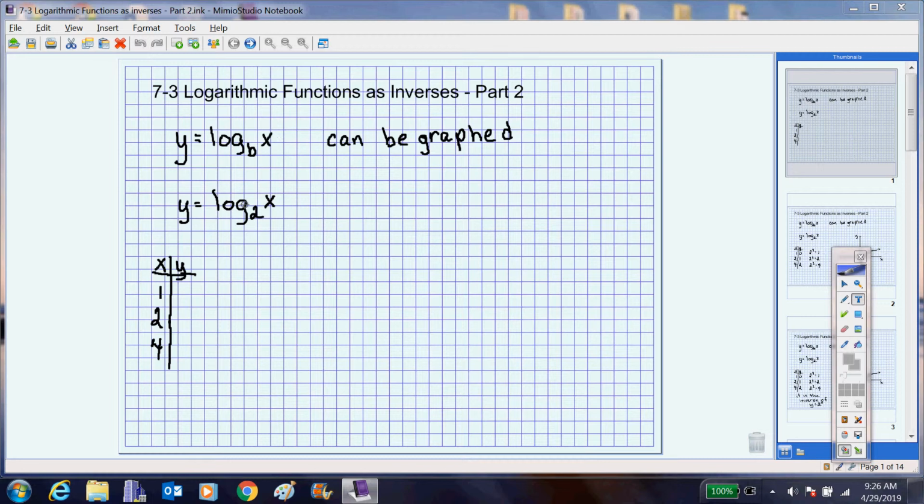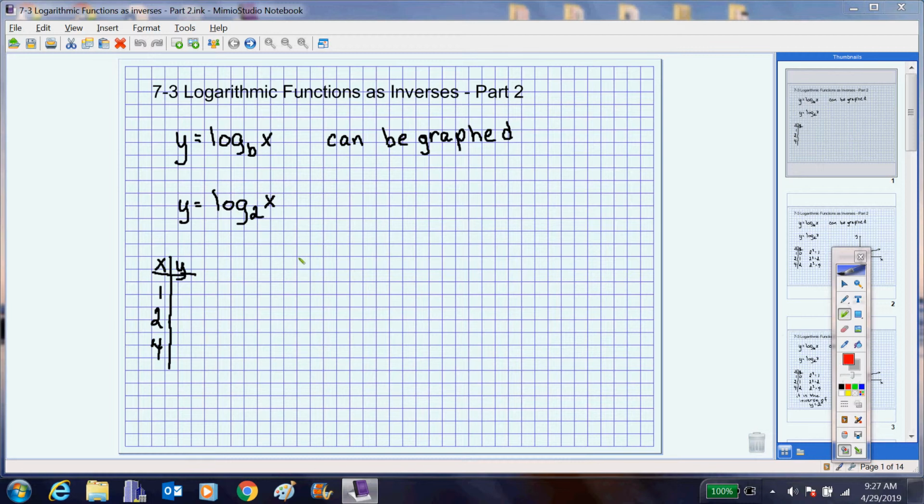So we have this log base b of x. When we thought about this one, log base 2 of x, what does this actually mean? Does anybody remember from Friday, what does this mean if we were to write it out as an equation?